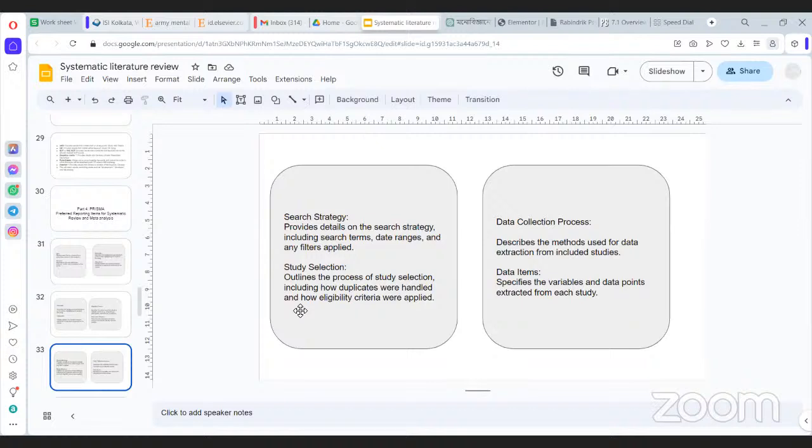Next is search strategy. It provides details on the search strategy, including search terms, date range, and any filters applied. This is vital. Whatever I have presented to you, this Boolean operator, they are basically your search strategy.